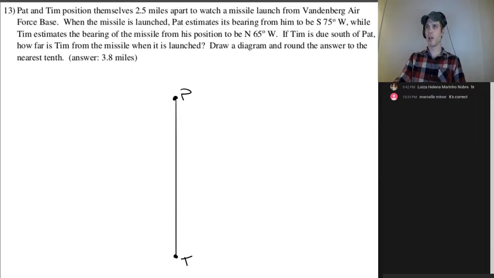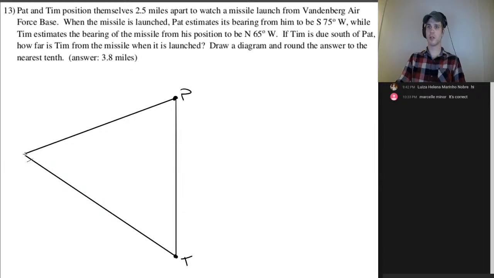and Pat estimates it to be 75 degrees, so let's say this is 90, this is 45, so it's like right here. So I'm going to just extend the line because I don't know what the other angle will be. And then he's got his 65, so that's a little bit less. Okay, let's put it here. I don't know, that's fine.